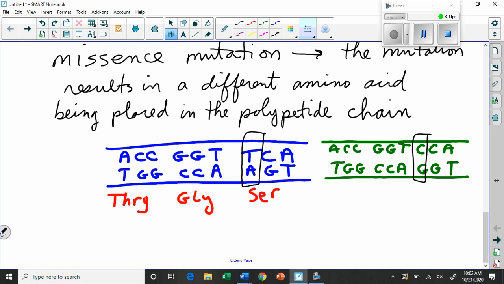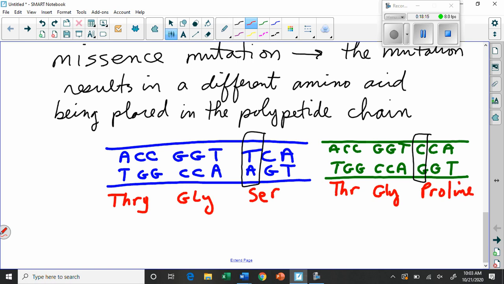So then what happens is if you read the code, right, you'll get the threonine still coded for, the glycine is still coded for, but now instead of an RNA reading UCA, it's going to read CCA, isn't it? And if you look up CCA, let's go to that one, that's proline. So what we've done is we've turned that amino acid serine into a proline.